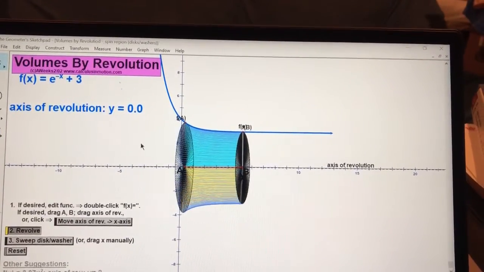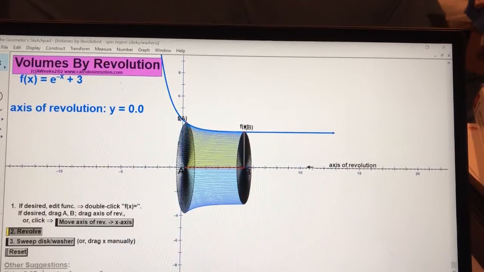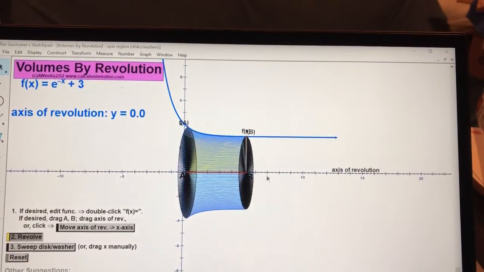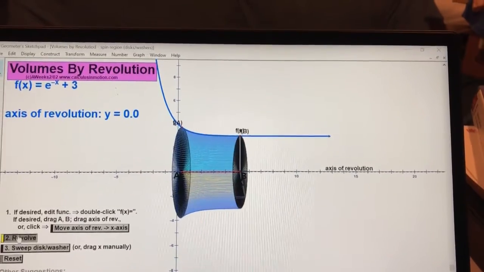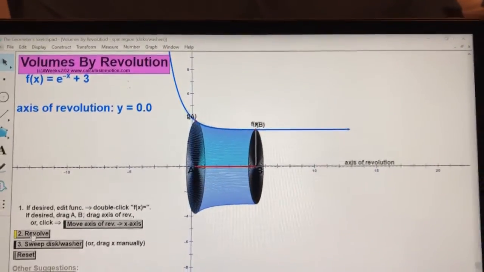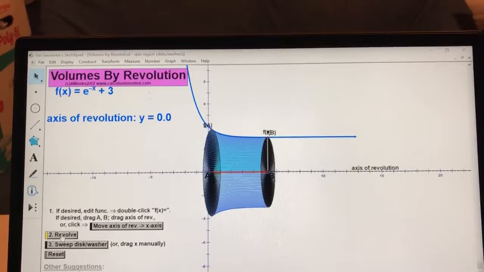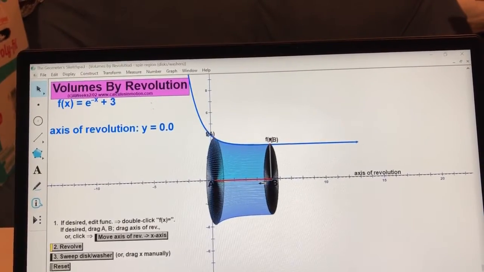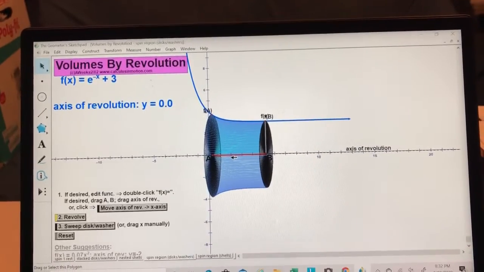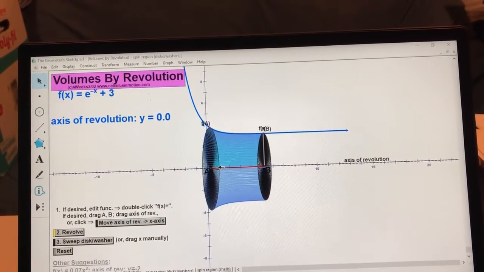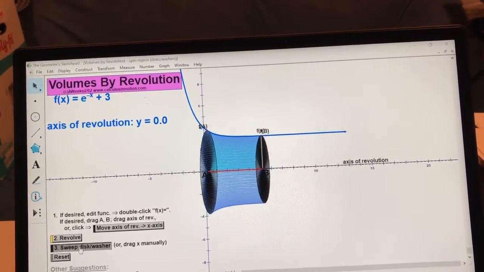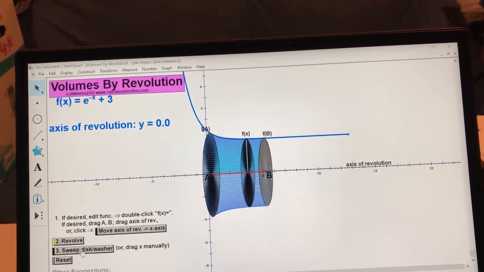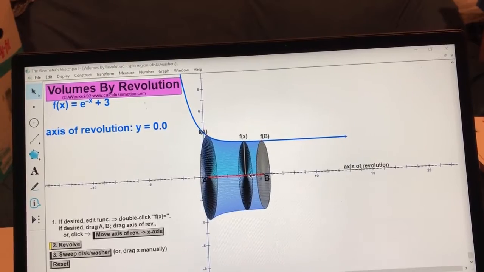And again, I want you to think about your eyes being on this x-axis, looking in to this figure, and hopefully you see that we have, again, a circle. And we should be able to peel, again, more of these circles off, an infinite number of circles, and be able to find the volume of this figure. So again, we should see that we have a bunch of circles. Doesn't matter where I stop it, we still see a circle.